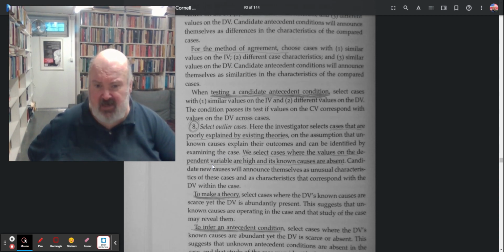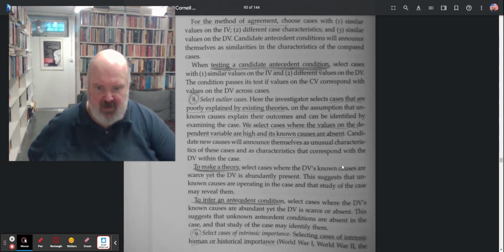Select outlier cases. Here, investigators seek cases that are poorly explained by existing theories, on the assumption that unknown causes explain their outcomes and can be identified by examining the case. We select cases where the values of the dependent variable are high and its known causes are absent.